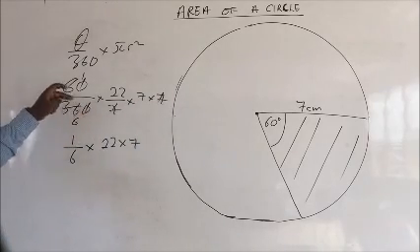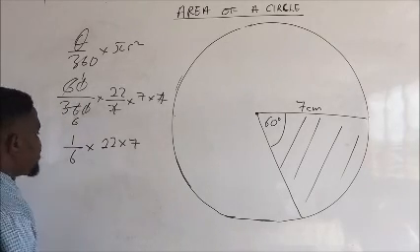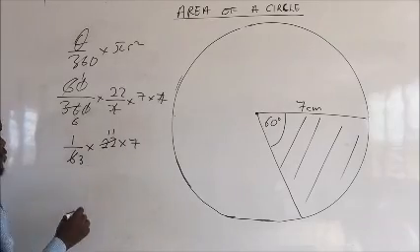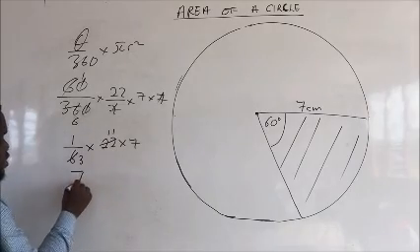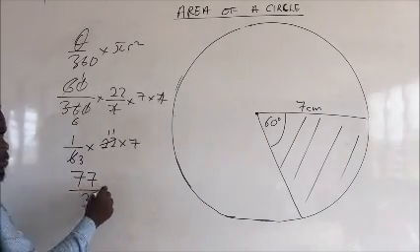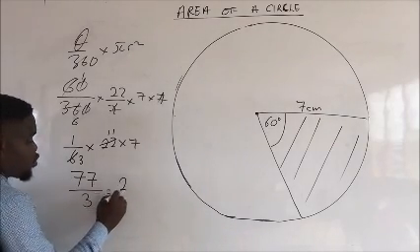This 0 cancels that 0. 6 here, 1. 6 here, 6. Very simple. 2 here, 3. 2 here, 11. So what do we have? 1 times 11 is 11. Times 7 is what? 77. All over 3. If you do your long division, 3 goes into 7, 2.